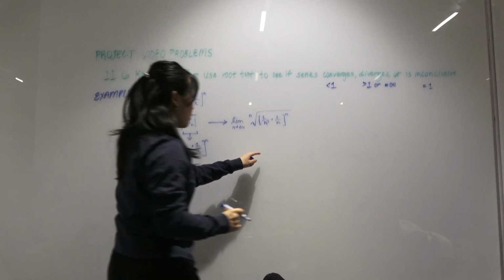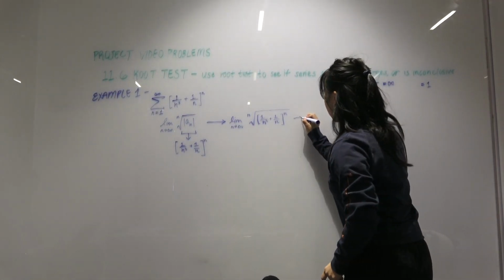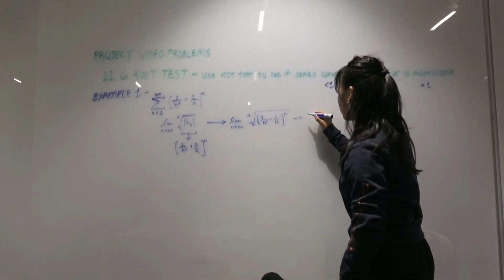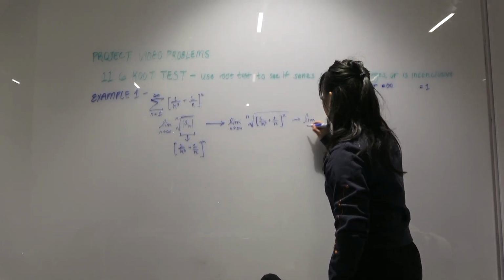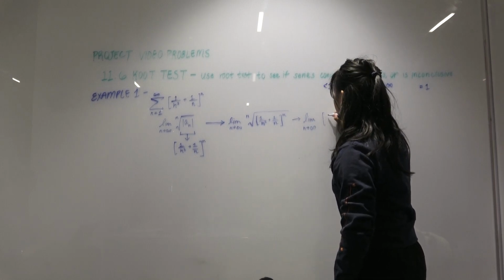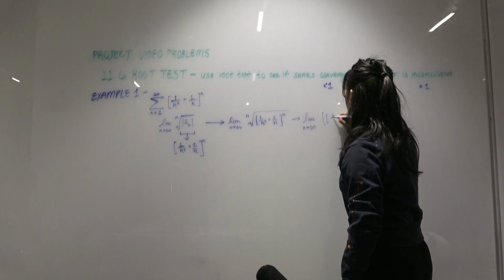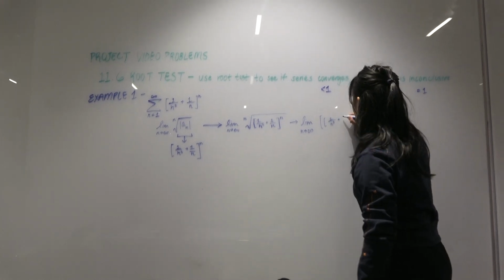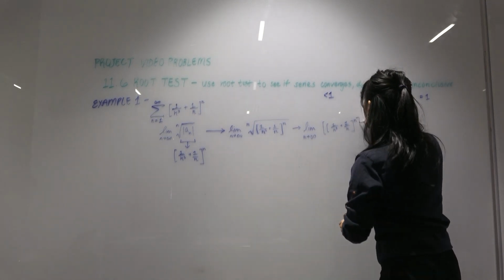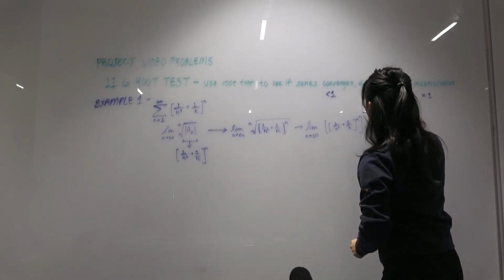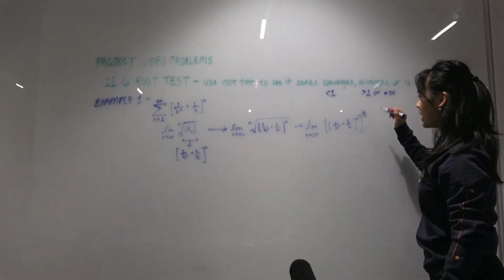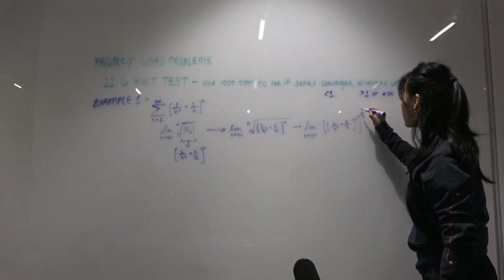If you simplify that, the nth root of something is just that thing to the 1 over n. So you're going to get the limit as n approaches infinity of 1 over n cubed plus 1 over n to the nth power, all raised to 1 over n to eliminate the nth root. When you have an exponent of an exponent, you multiply the 2 exponents together.